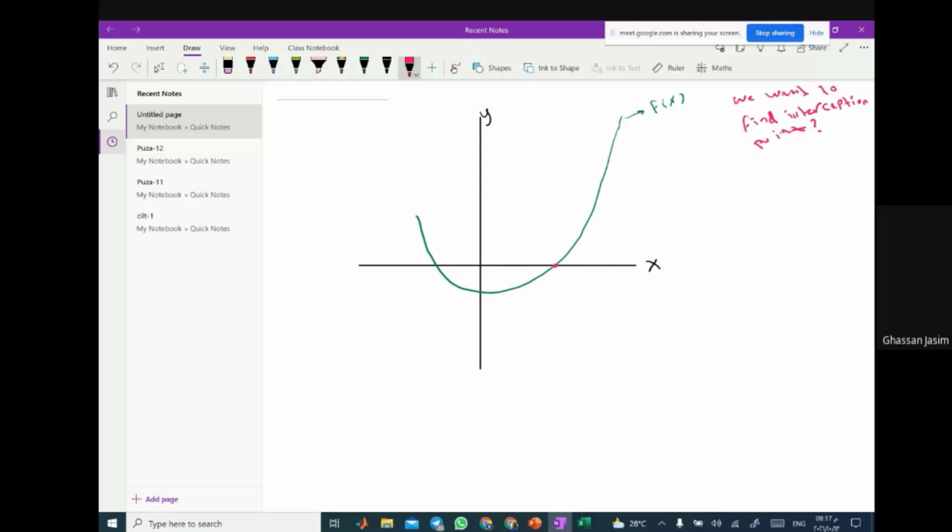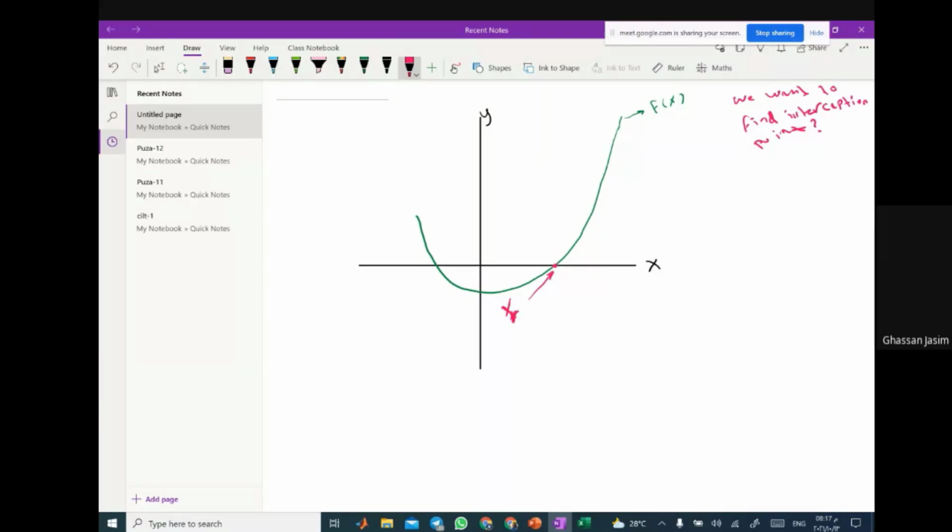This. Okay. Let's say x, let's say xi, for example, or the required xr.